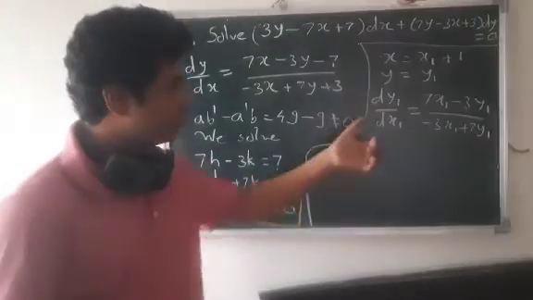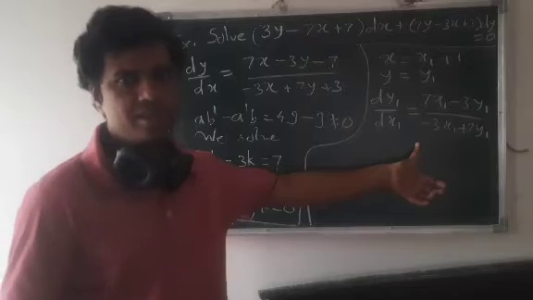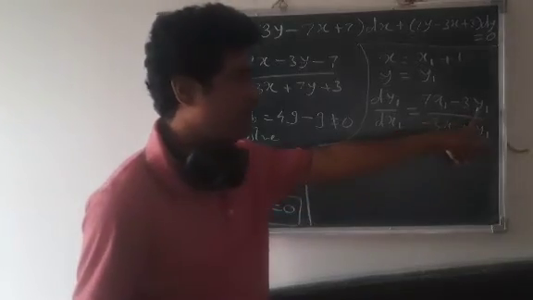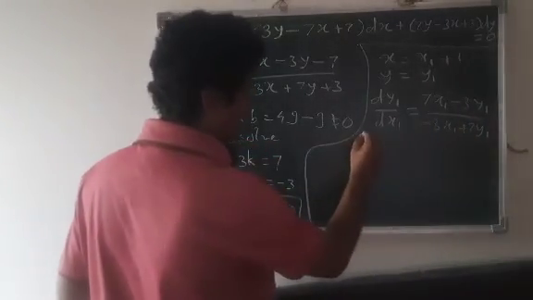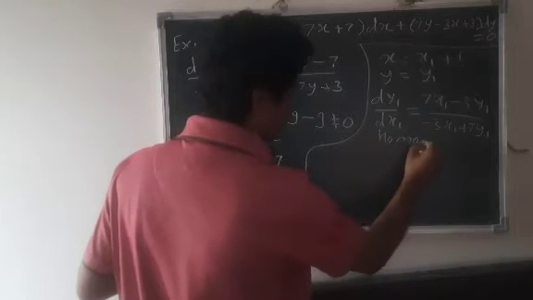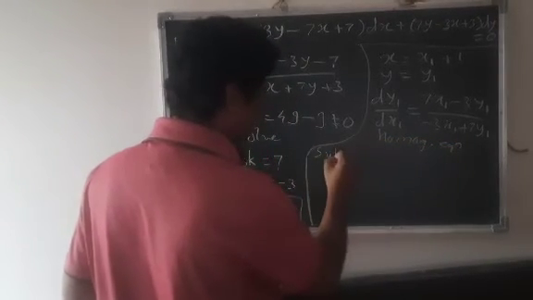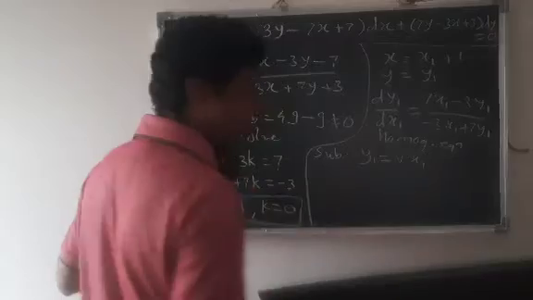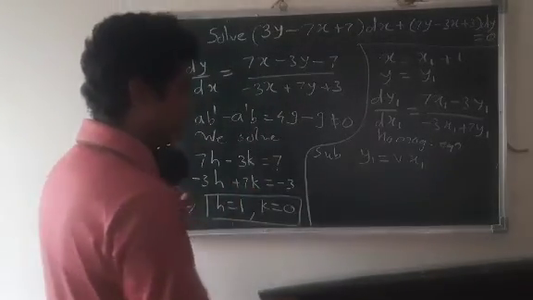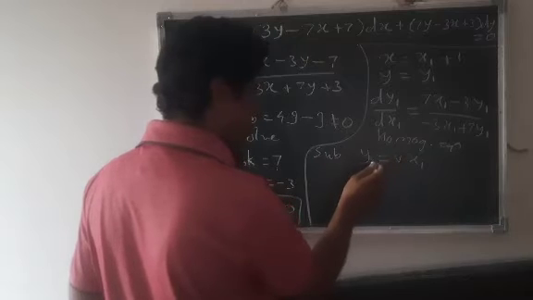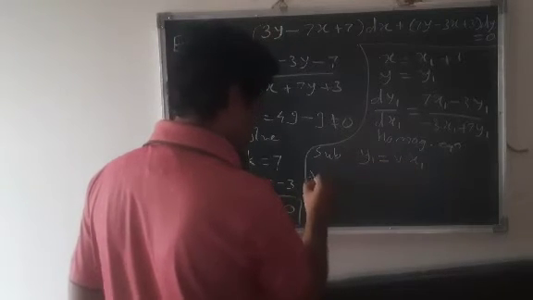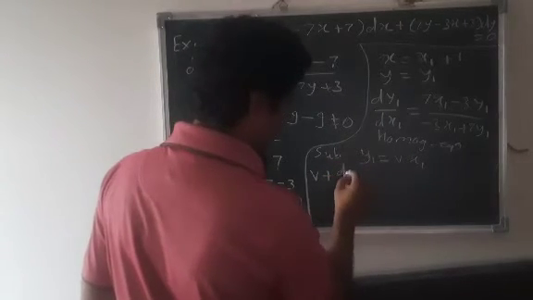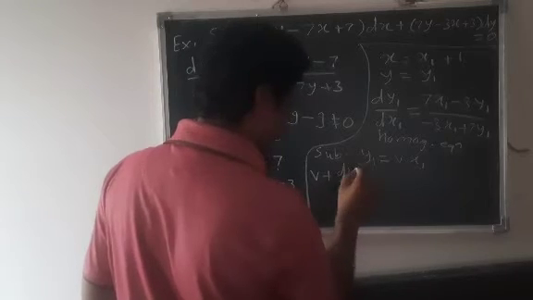Now we solve this equation using the method which we discussed in the last lecture. So what we do, we substitute here y1 as vx1. So this is a homogeneous equation. We substitute y1 equal to vx1, and we get the left hand side dy1 by dx1 as v plus x1 dv by dx1.